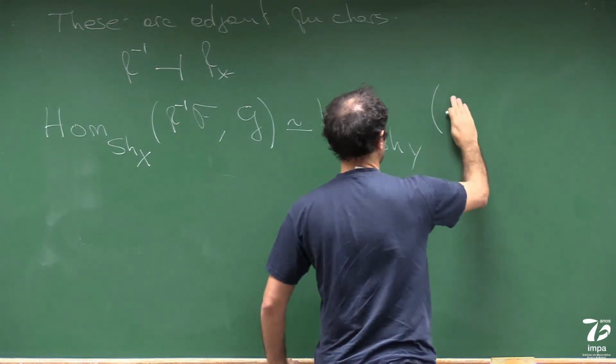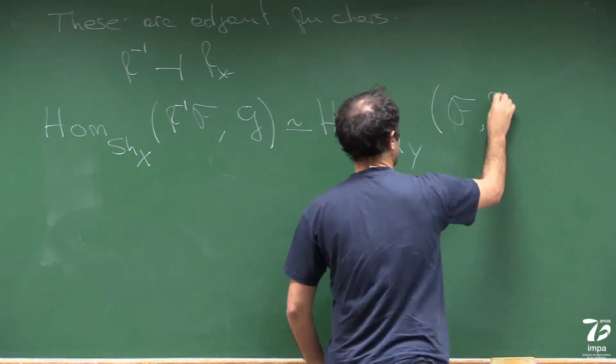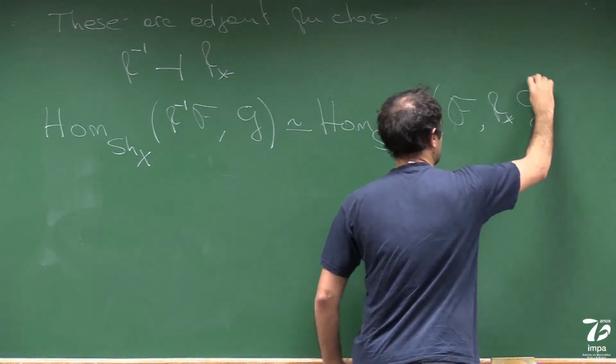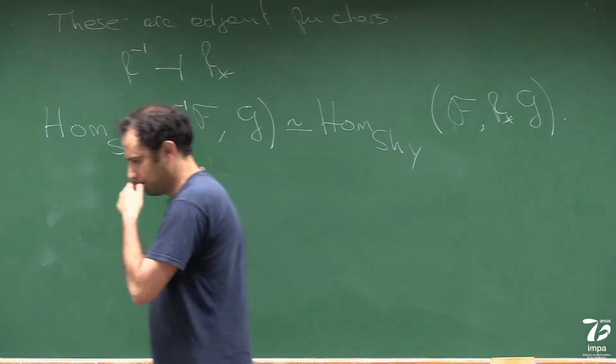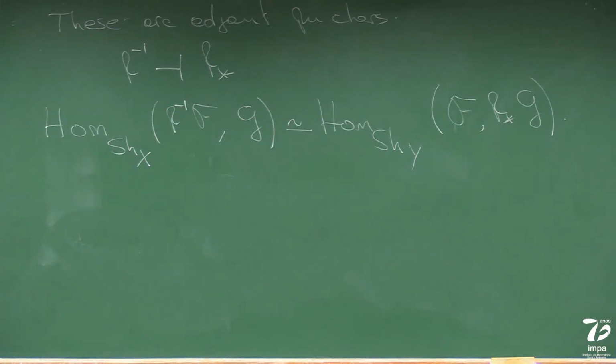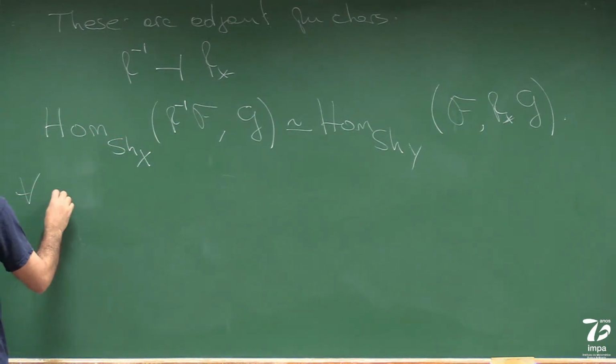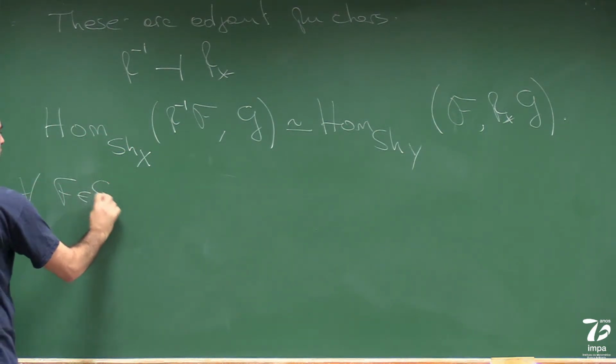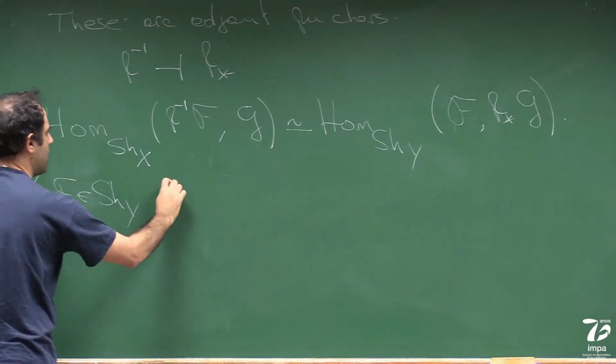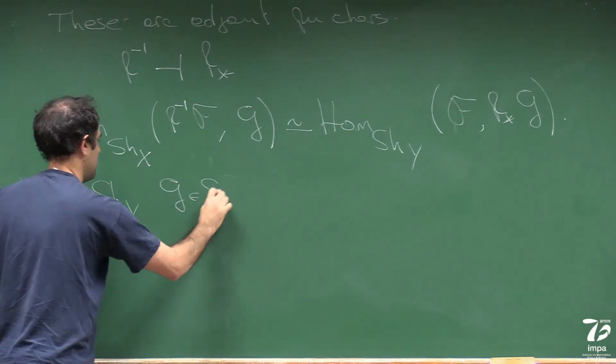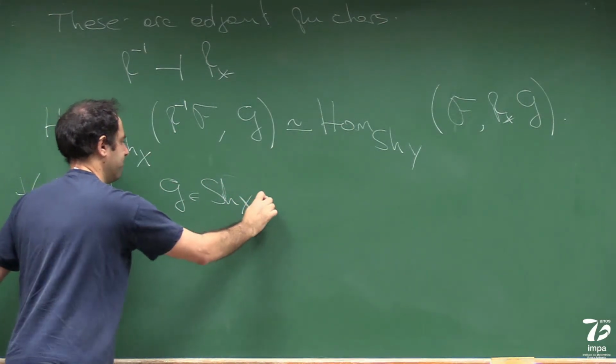Yeah, that's correct. This is functorial in F and G, and this holds for any F which is a sheaf on Y, and G which is a sheaf on X.